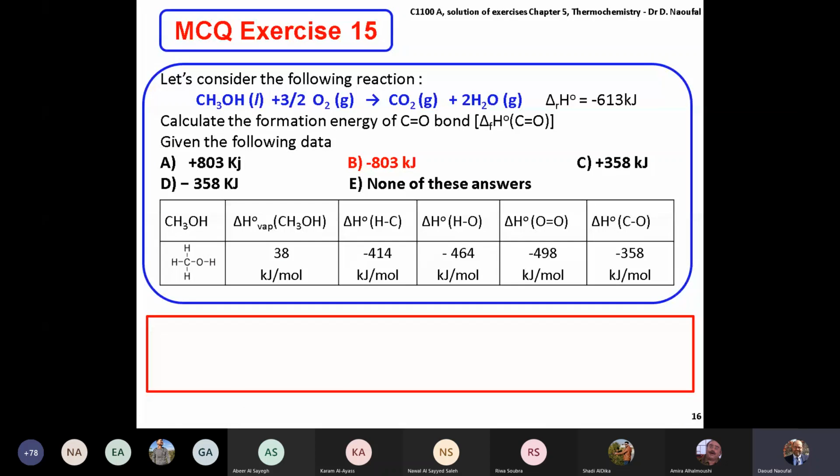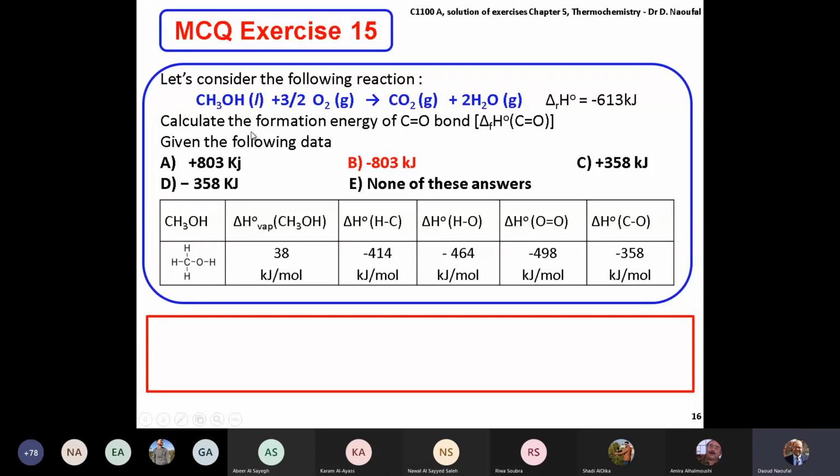Exercise 15. Consider the following reaction: CH3OH liquid plus 3 over 2 O2 gas gives CO2 gas and 2H2O gas, and delta H of the reaction is given.